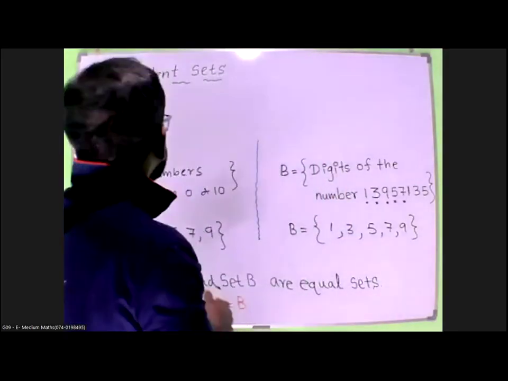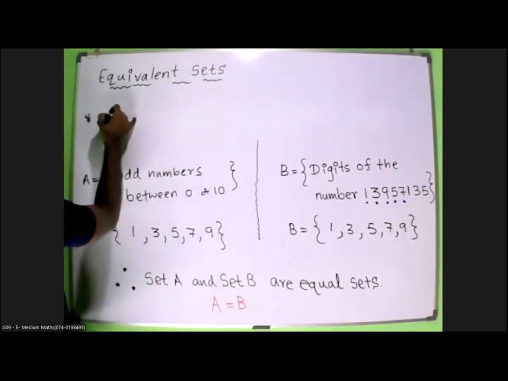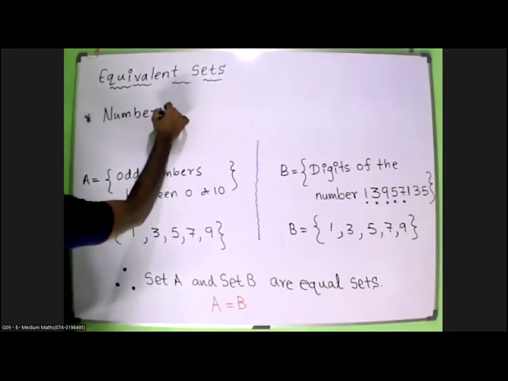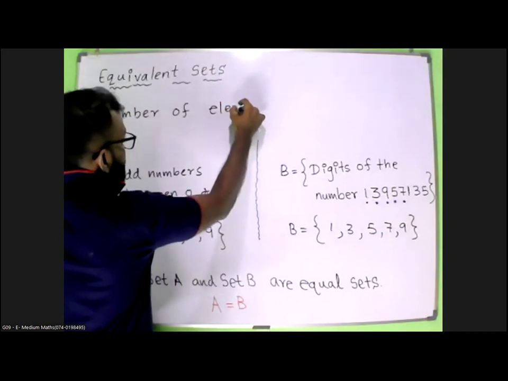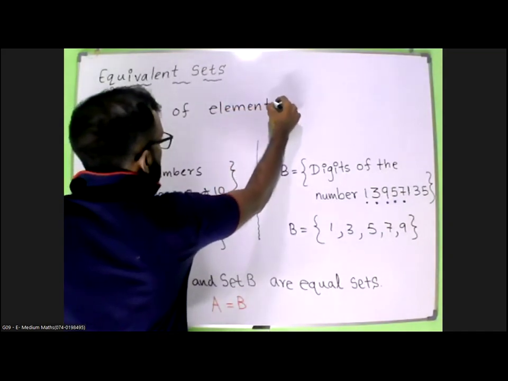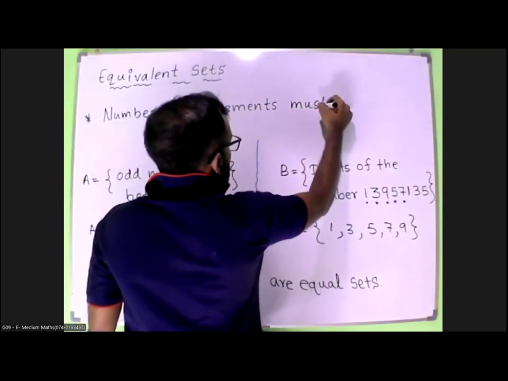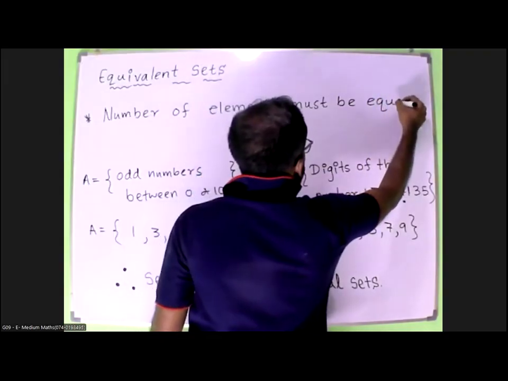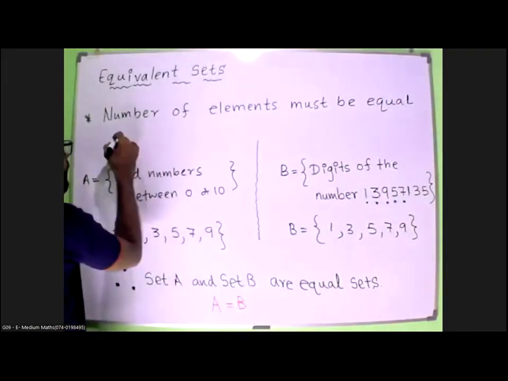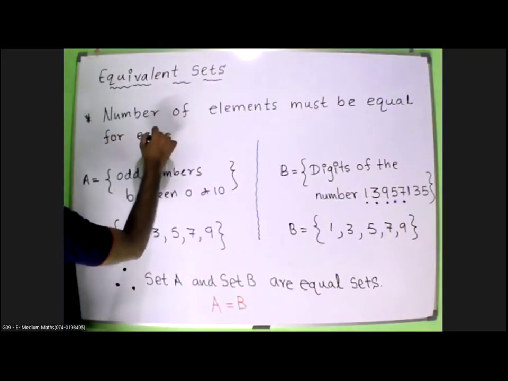Let's see some examples. For equivalent sets, the number of elements must be equal for each and every set.